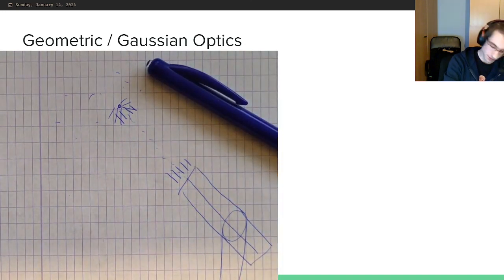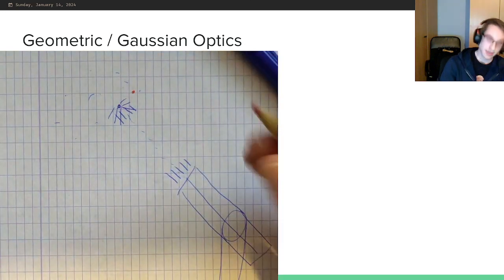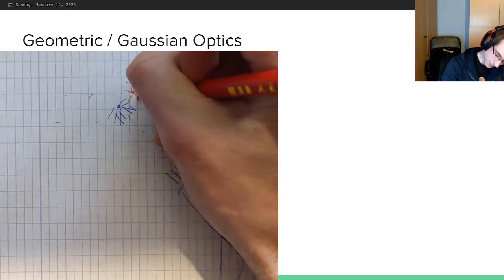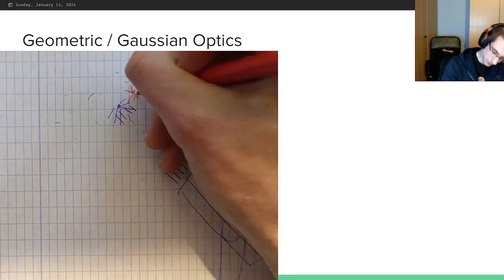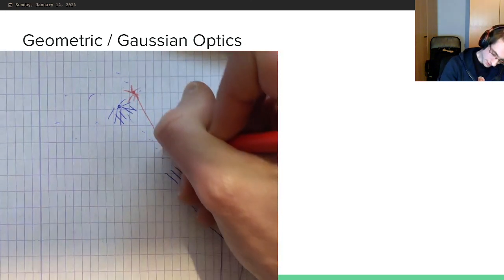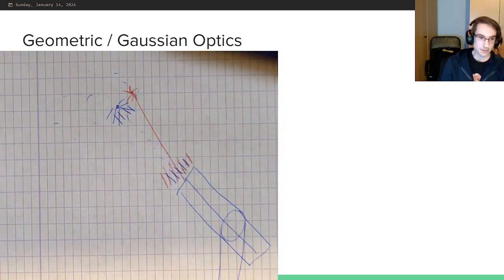But there's a different star right next to this one, here. And this star also emits light in all directions. And by the time the light from this star enters the telescope, it makes a certain angle. So it comes in at an angle with the optical axis.